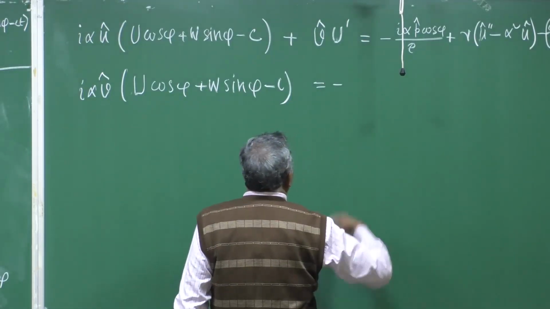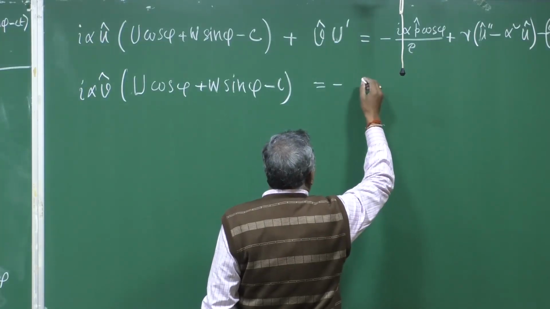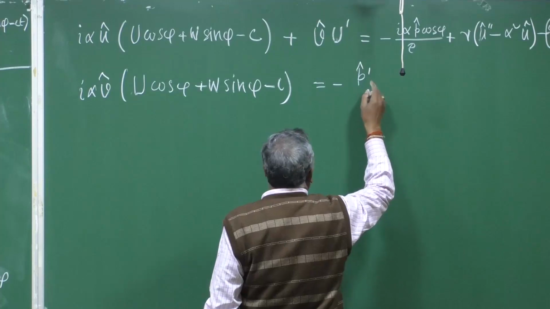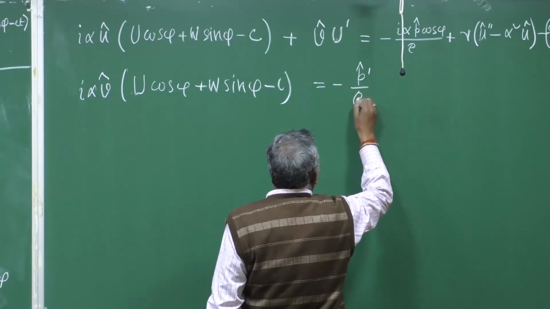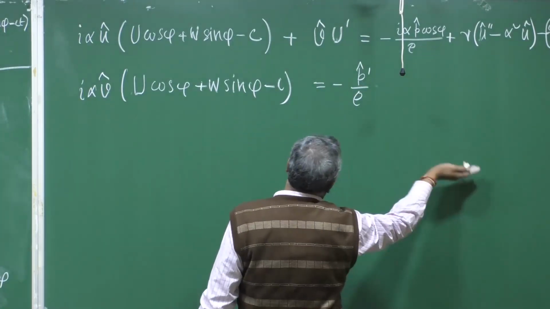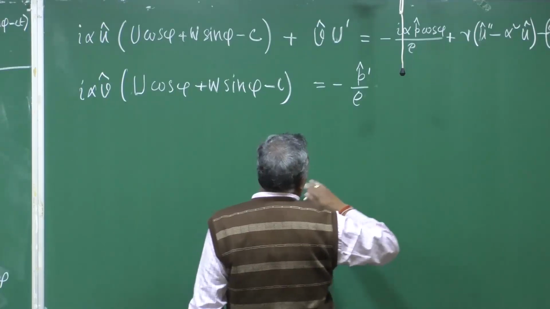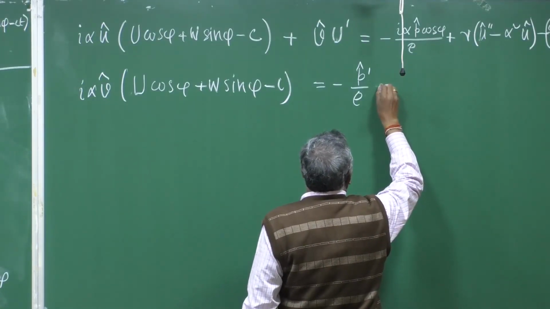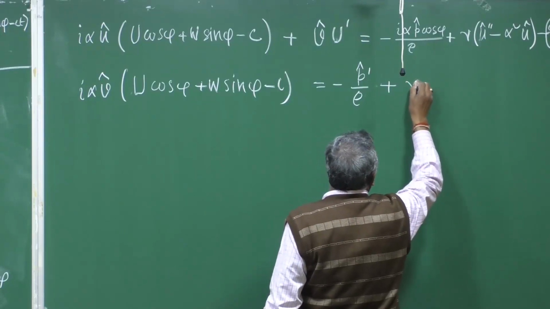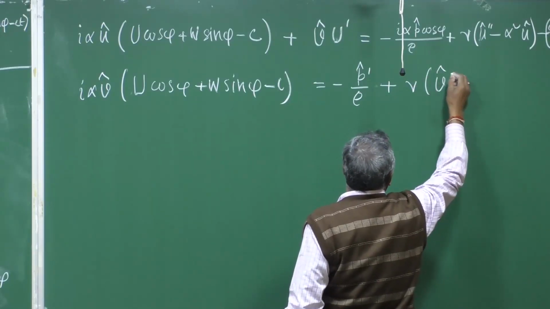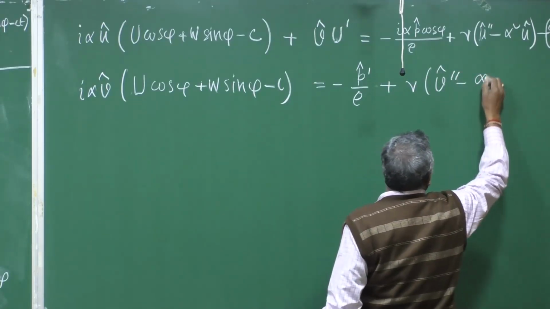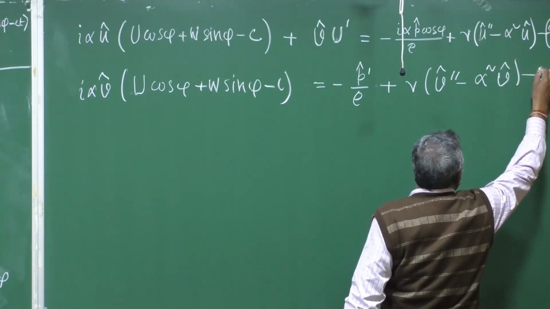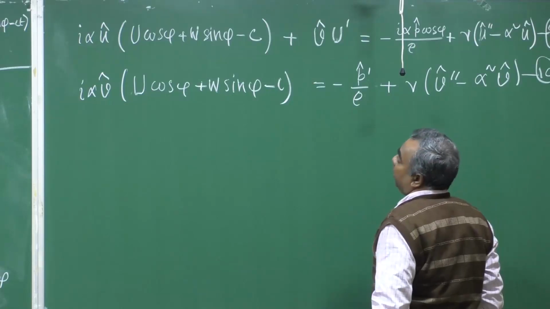You are differentiating with respect to y only, so this is p hat prime, the derivative with respect to y, by rho. The exponential term is common on both sides, so it will cancel out; I am not writing that. Plus nu into v hat double prime minus alpha square v hat. Let us call this equation number 10.